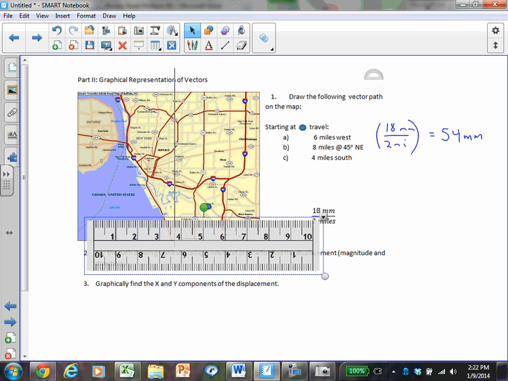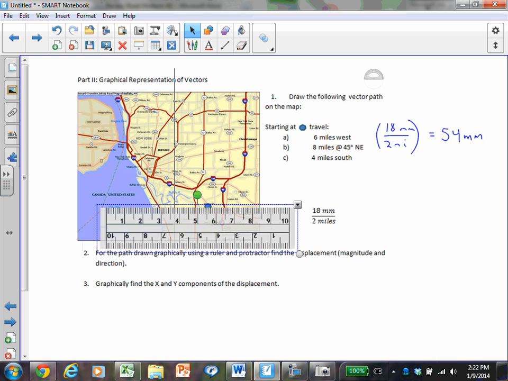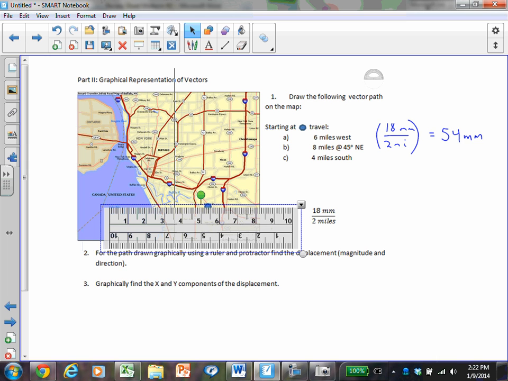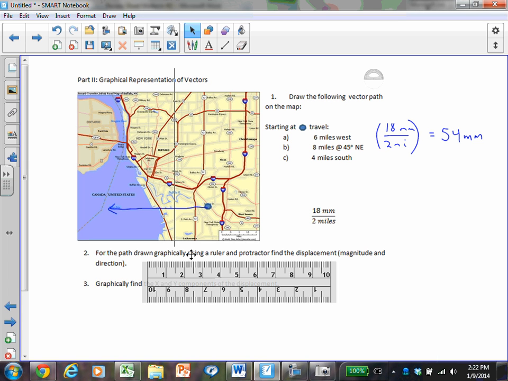Well, I know that doesn't make any sense, but right there. Okay, so I'm pretty close. It goes to about there, right? Okay, now I got my ruler set to the right scale. 8 miles at 45 degrees.